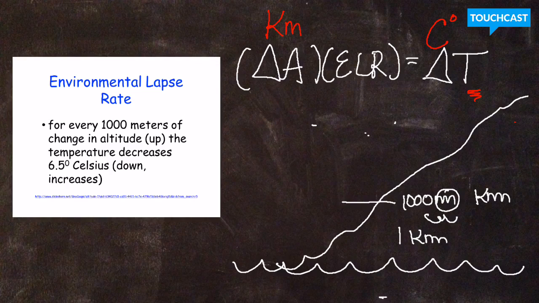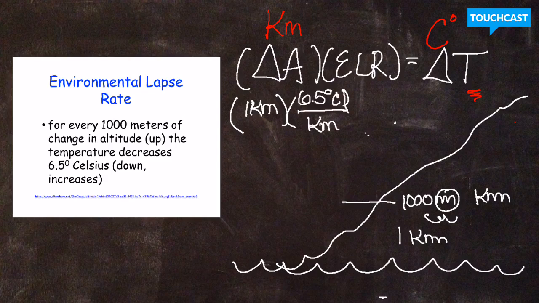So then our equation, the change in altitude is 1 kilometer, times the environmental lapse rate that was given, which is 6.5 degrees Celsius for every kilometer that we hike up the mountain, equals the change in temperature.